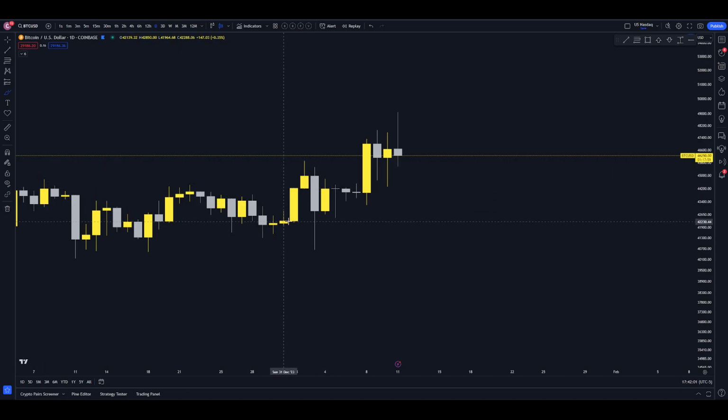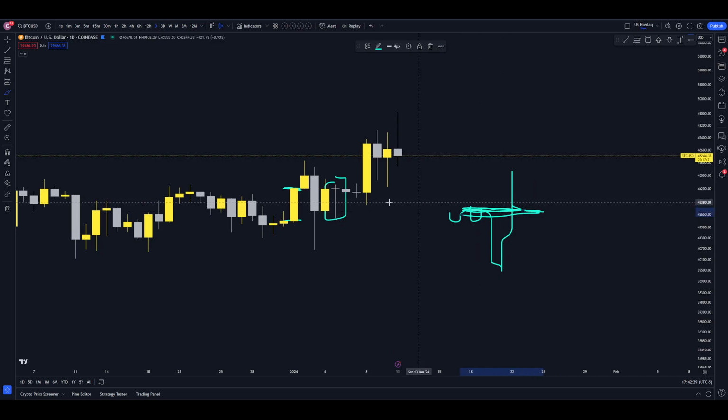And sometimes you open at one level and you close at the highest point on that day, meaning when this day ends, price is at the highest point it's been that entire day. And so sometimes you'll just have a full body. Sometimes you'll have mostly a wick like this one, where price opens at this level, goes up maybe a lot, but by the end of the day, it ends at basically the same level it opened at. So that's a basic understanding of it.